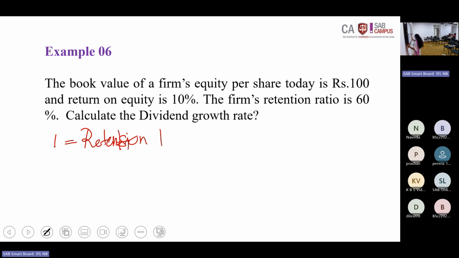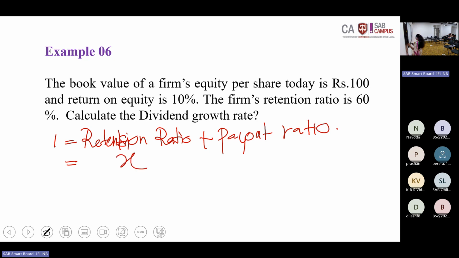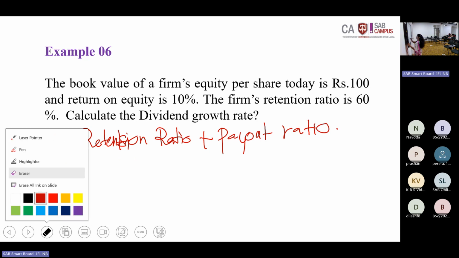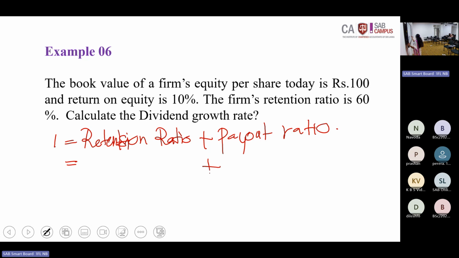Retention ratio plus payout ratio. Here, the payout ratio is how much? We don't know the payout ratio, that can be named as X. And we know the retention ratio, RR.